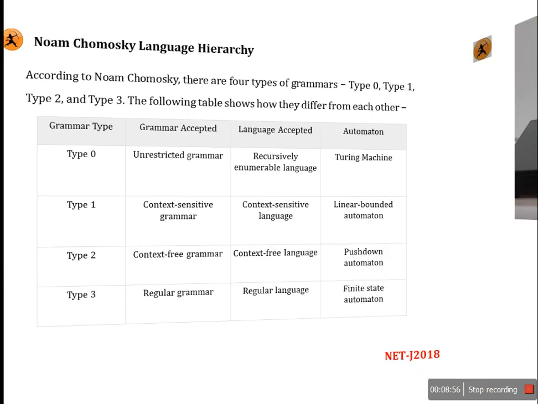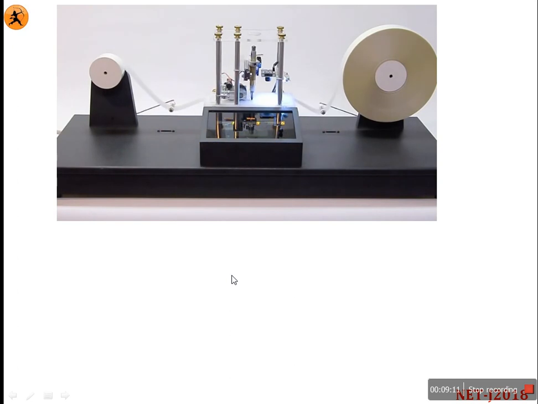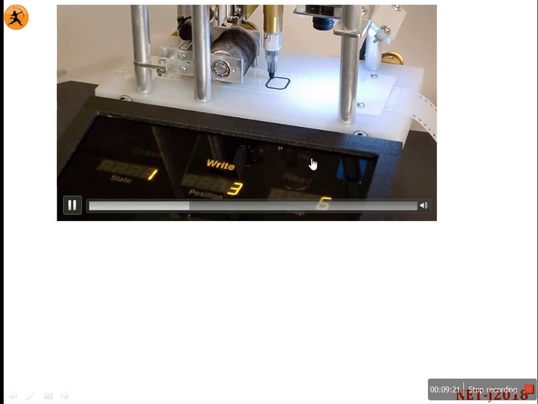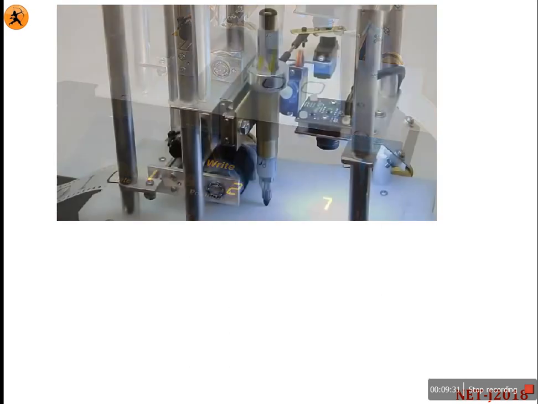Okay, now we'll move to the Turing machine. So this is the working of a Turing machine. It is a 1 minute video showing how exactly the Turing machine works. This is the read write head. It is a read head, it can erase, and it can write 0 or 1.